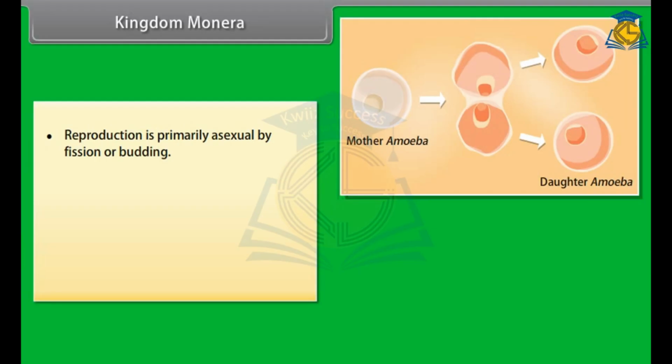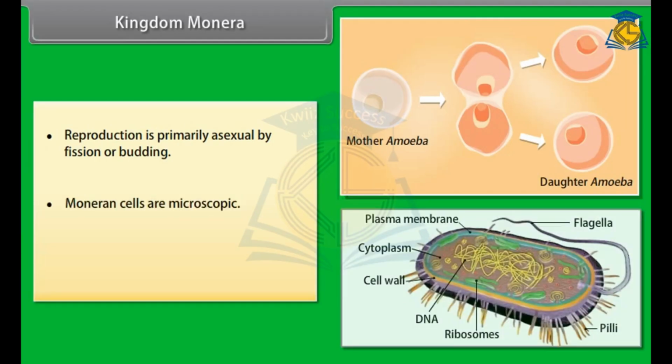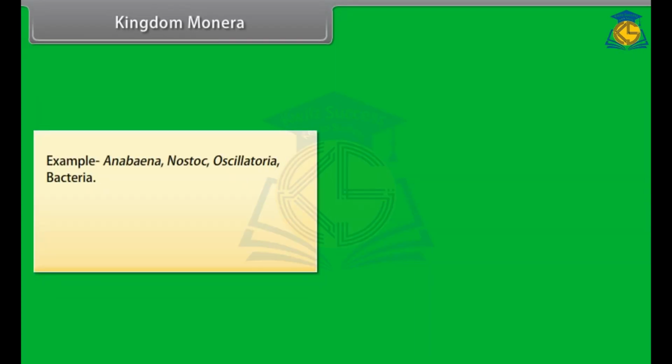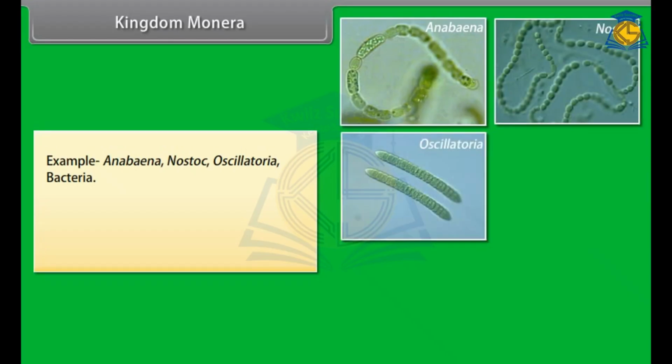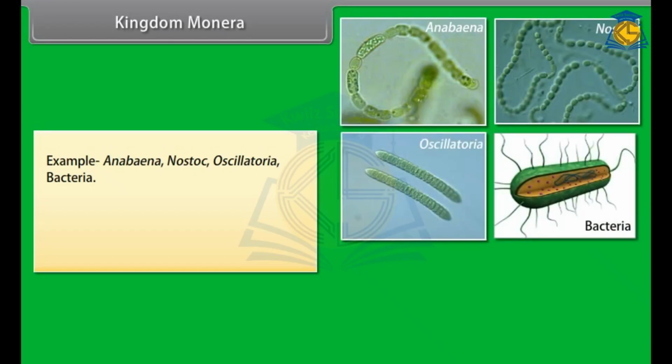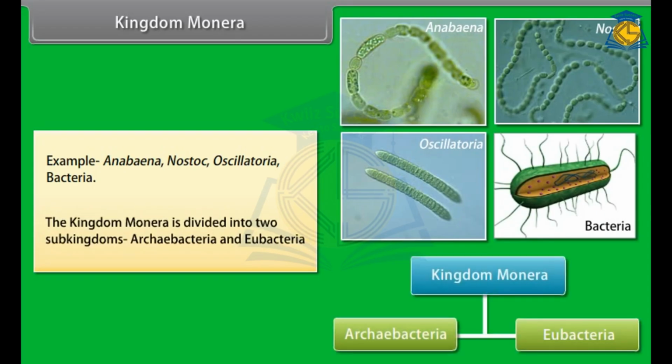Reproduction is primarily asexual by fission or budding. Moneran cells are microscopic. Most organisms bear a rigid cell wall. Examples: Anabaena, Nostoc, Oscillatoria, bacteria. The kingdom Monera is divided into two subkingdoms, Archaebacteria and Eubacteria.